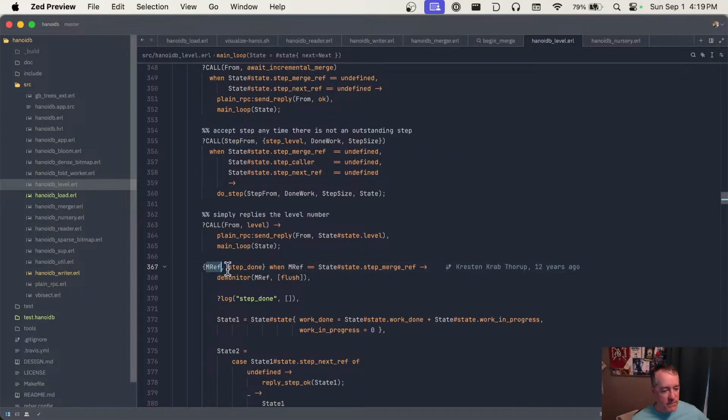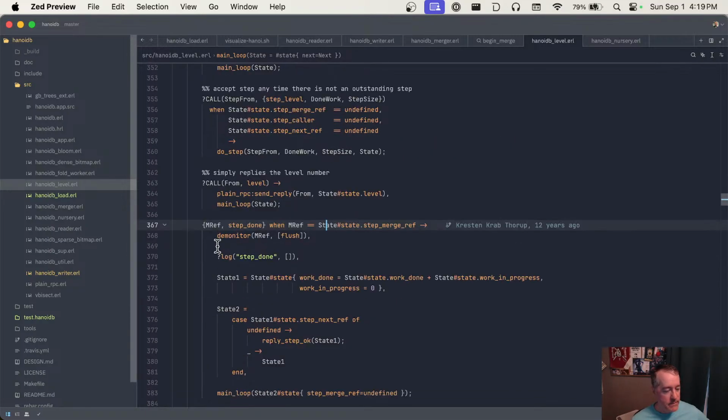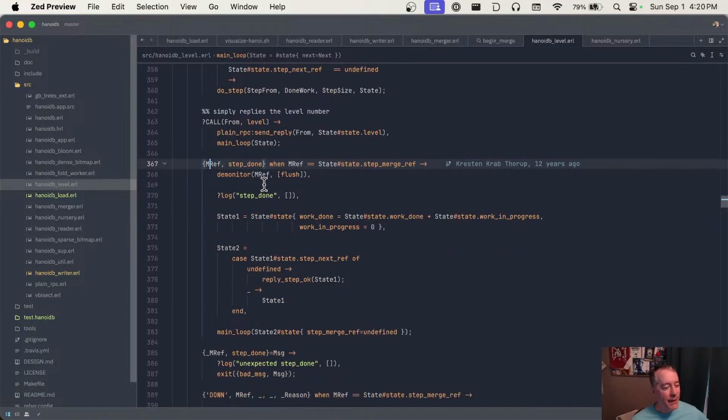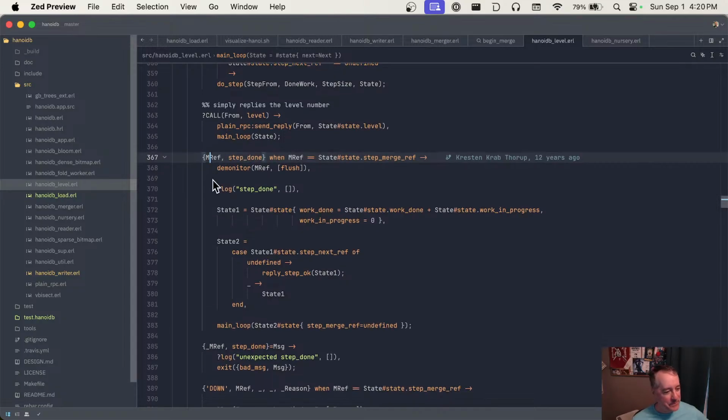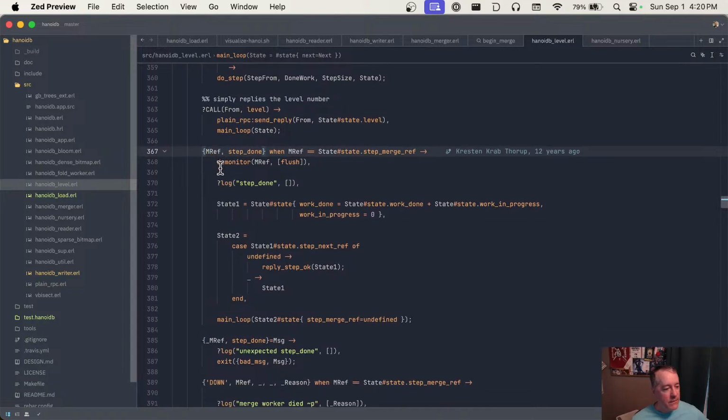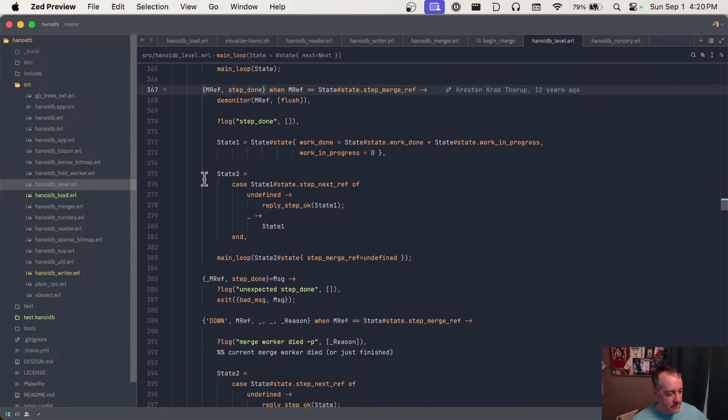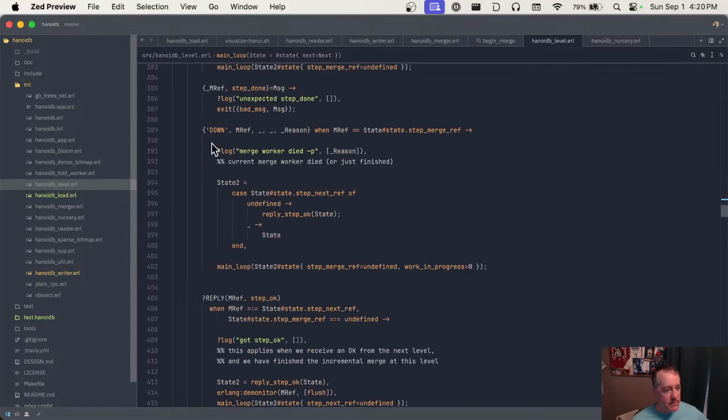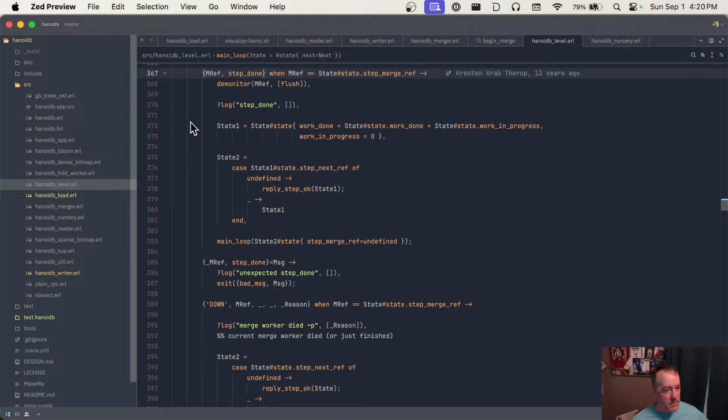Okay, this mref is a monitor ref, by the way. And that's just, demonitor. If you get step done, then that process is about to quit. Right? Because we saw that in the merger. It sends this step done to the level that started it. Okay. Yeah, and here's the down. So if the merge worker died, clean up state. Okay.